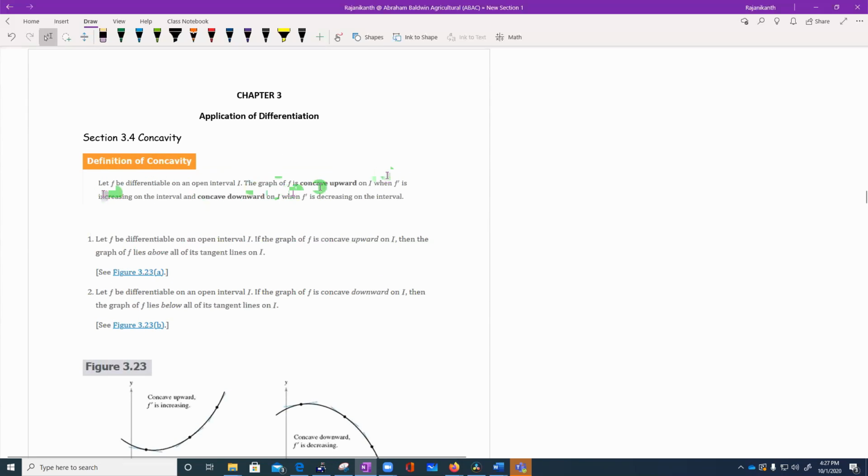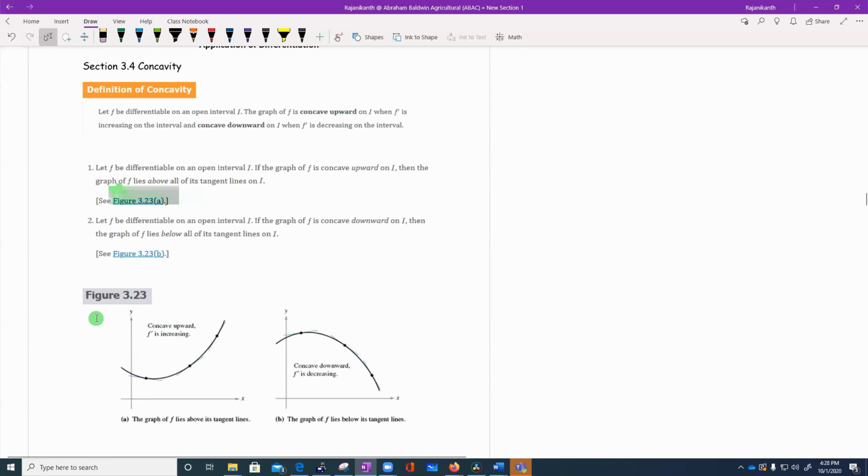If you read here, a concave up function is always facing upwards like a cup, right? If the curve is facing upwards, we call that concave upward. If the function is facing down, then we call that function concave downward.